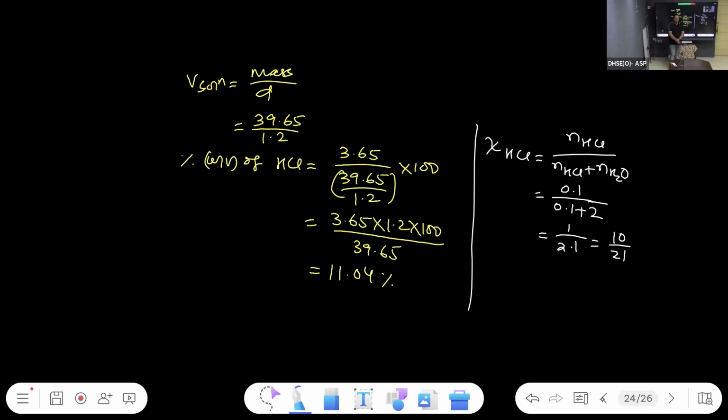Water was 36 gram, which means 2 moles. So 2 plus 0.1 is 2.1. So 0.1 divided by 2.1. Correct it: 0.1 by 2.1, or that is 1 by 21. That is the mole fraction.